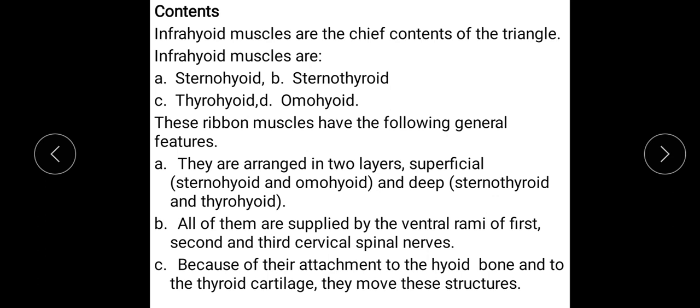In the superficial layer, there are two muscles, sternohyoid and omohyoid. In the deep layer, there are sternothyroid and thyrohyoid muscles. All of them are supplied by the ventral rami of the first, second, and third cervical spinal nerves.